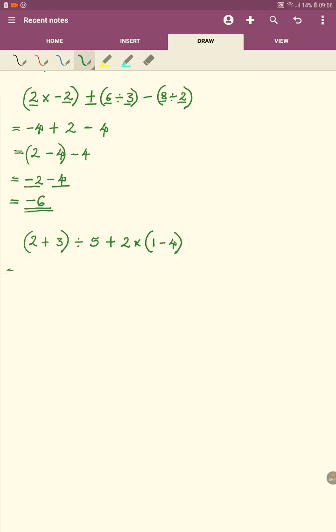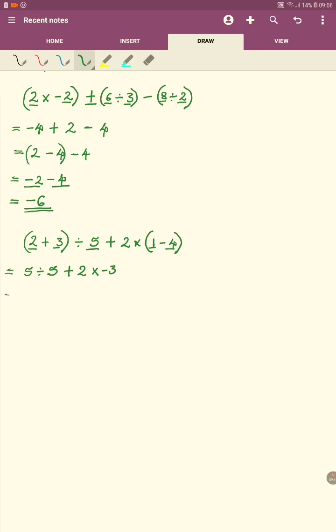So you simplify by removing the brackets. So you're going to say 2 plus 3, you get 5, divided by 5 plus, say, 2 times, and here inside the bracket you're going to say 1 minus 4, you get your answer as minus 3.